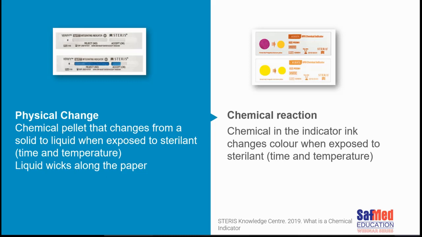It's often called a moving indicator or a moving line indicator. In the other type of indicator, the one on the right, chemicals in the ink will change color when exposed to the sterilant for the correct amount of time at the right temperature. And that's the main difference between those two types of chemical indicators.